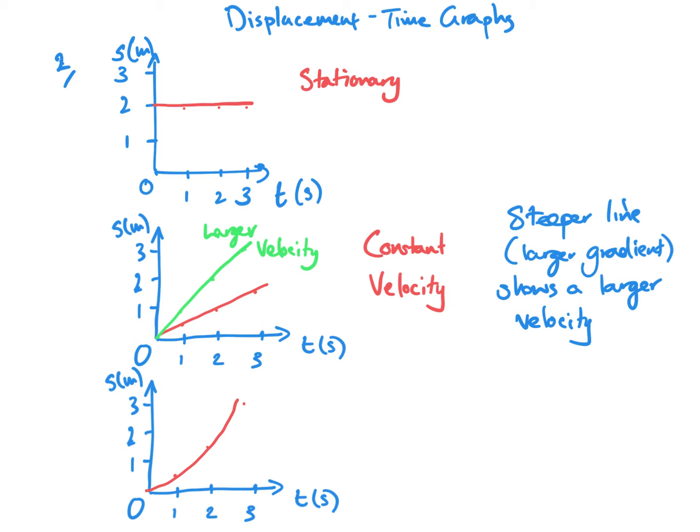But basically what this curve shows, if you look at the first second, it travelled 0.5 metres. But in the next second it went from 0.5 up to 1.5, so it travelled 1 metre. And in the next second it went from 1.5 up to 3, so it travelled 1.5 metres. And so the displacement's getting bigger every second: 0.5, 1, 1.5.